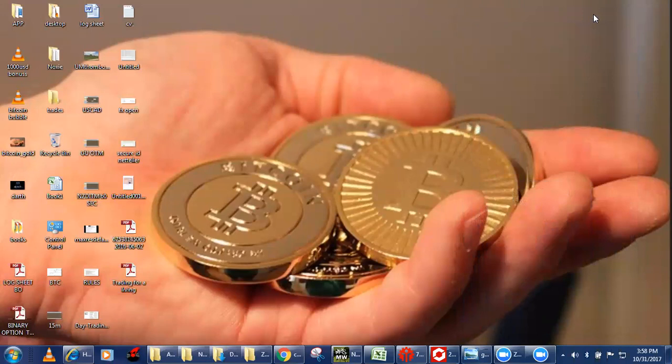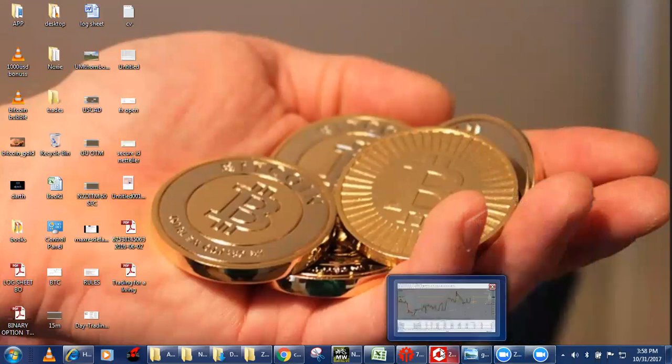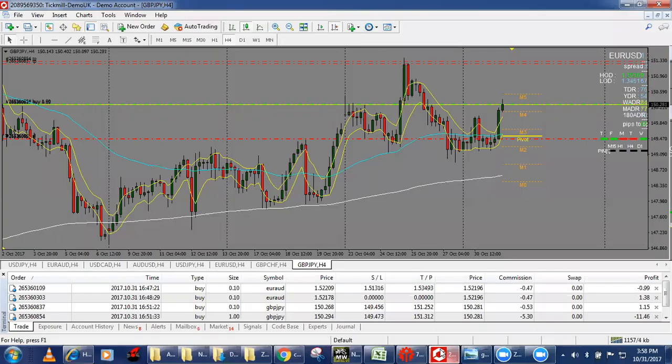Today I'm gonna do a small session showing you guys how I'm testing a new forex strategy, a very simple one, and I just executed some of my trades just now on the Euro USD, Euro AUD, and GBPY.